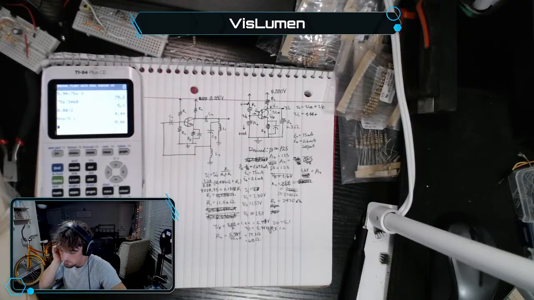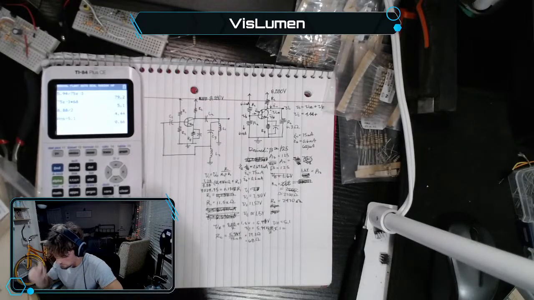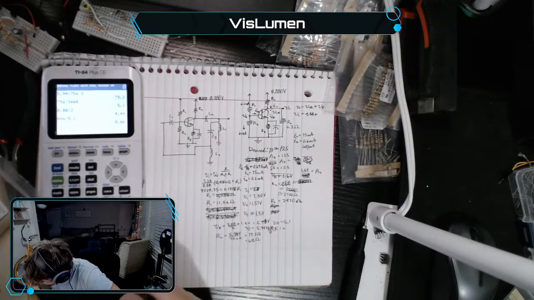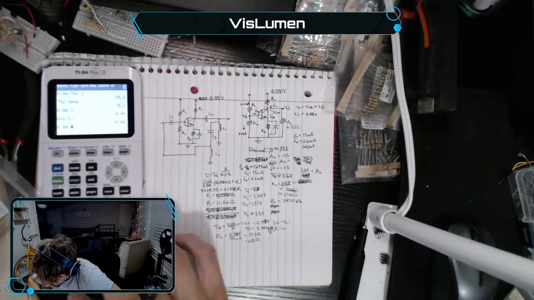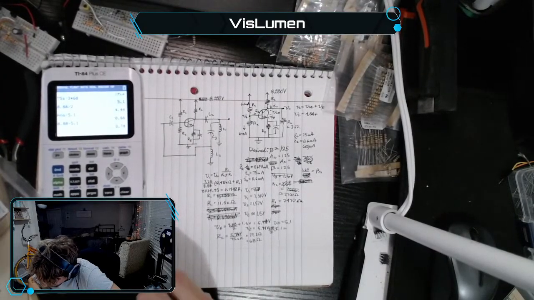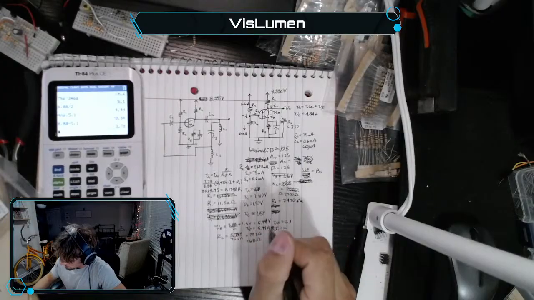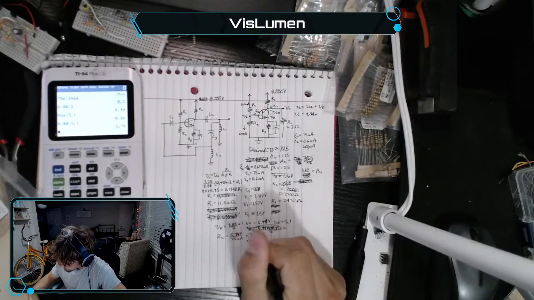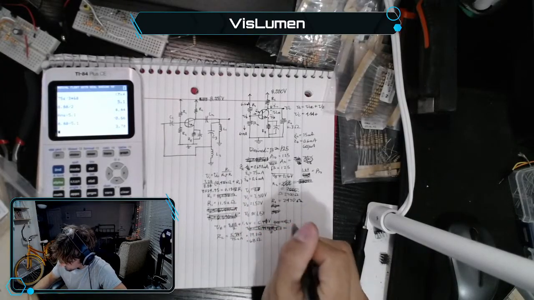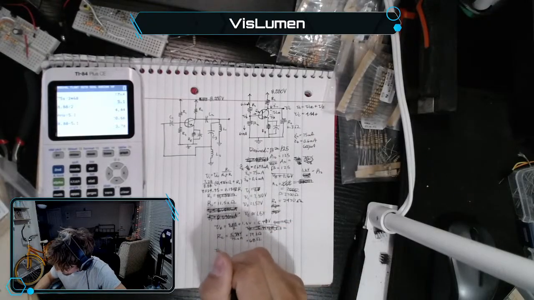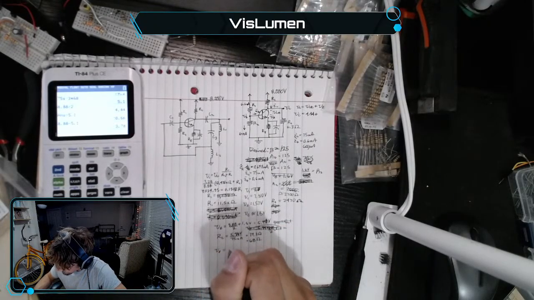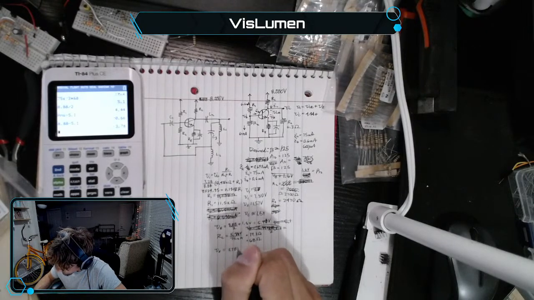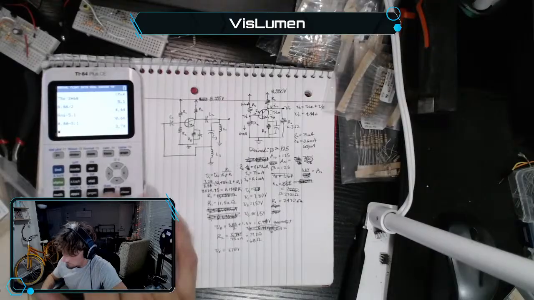Whoa. Oh, wait a second. No. 8.88 minus 5.1, that's what I want. No, that's wrong. So VE equals 3.78 volts in real life.